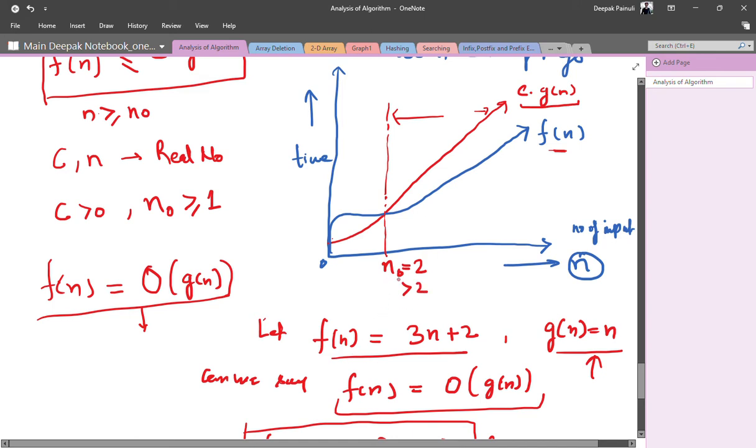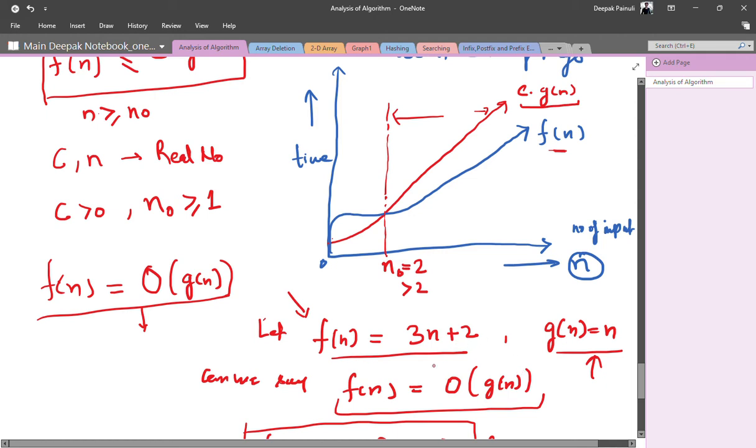That means for the minimal number of input elements, n0 should be greater than or equal to 2. In this case, if we want to say that fn is the big O of gn, right?